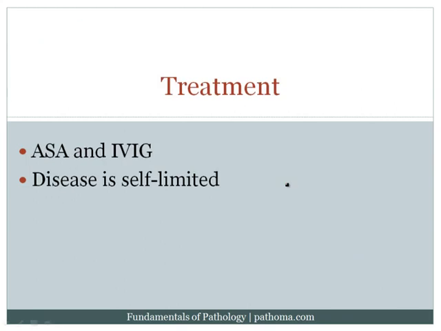The treatment is very interesting, and that is that the patients are given aspirin. Now, why do I say that's so interesting? That's because, remember from discussions in liver pathology, which we'll eventually touch on when we get there, you never give a child with a viral illness aspirin.